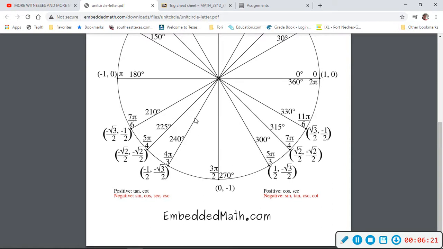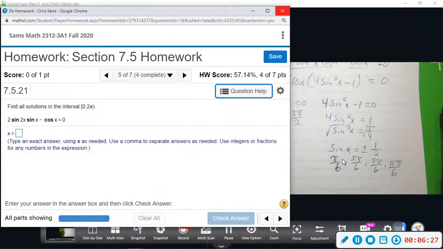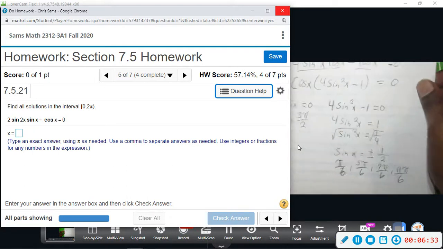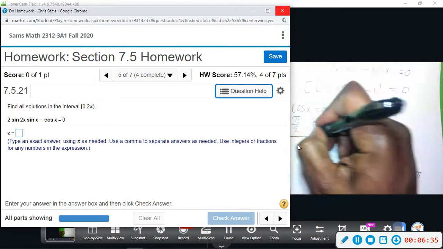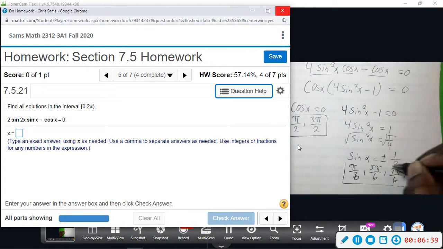That's 7 pi over 6, 11 pi over 6, pi over 6, and 5 pi over 6. So that's where those values come from. So we need all of these two, and these two, or these 4.